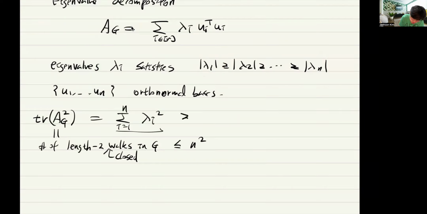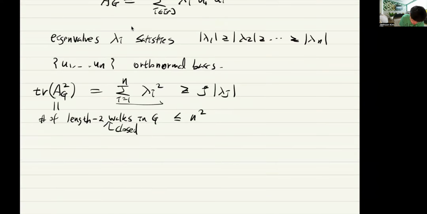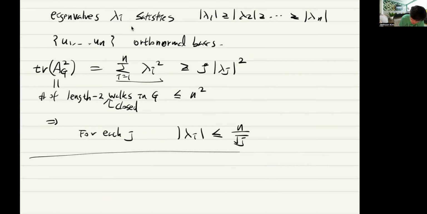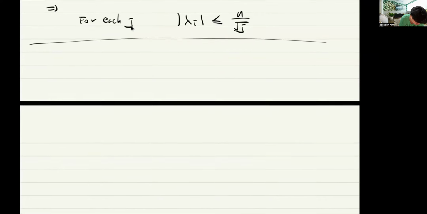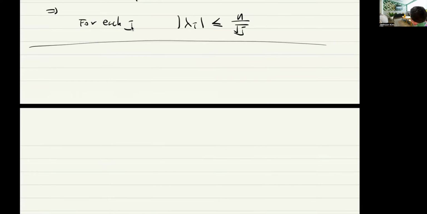And this is how we enumerate them. So for arbitrary j, this is at least j times lambda_j squared. So this implies that for each j, the size of lambda_j is at most n over the square root of j. So we have this. Now let's consider a sequence.